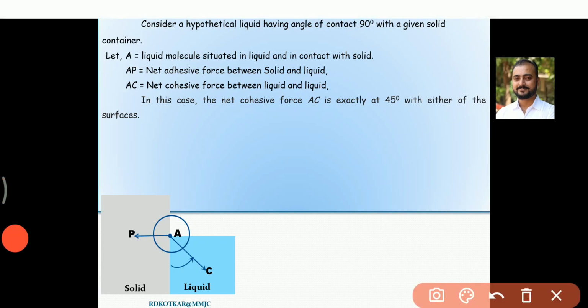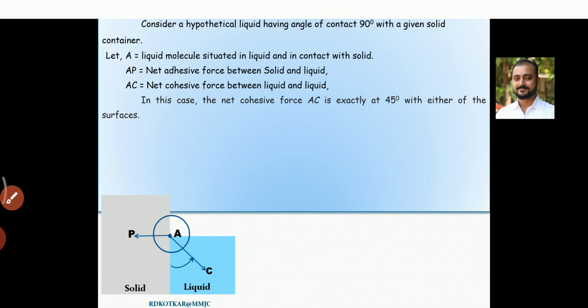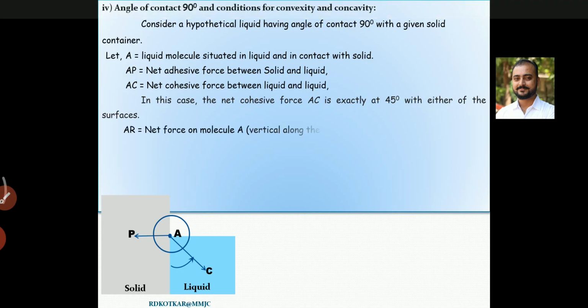Means what? This makes 45 degree with this solid surface or with this liquid surface. Either of these, it makes exactly 45 degree, because this angle should be 90 degree. And so here we are considering that AC makes exactly 45 degree with either of the surfaces.